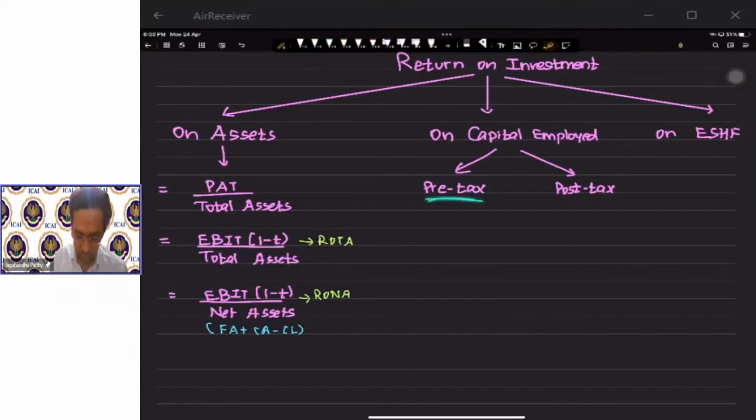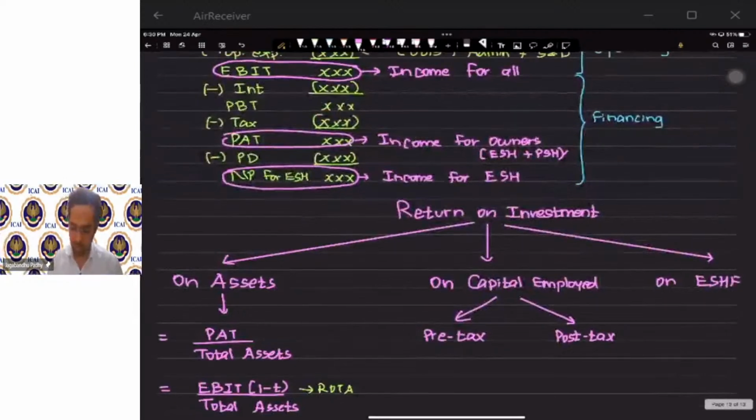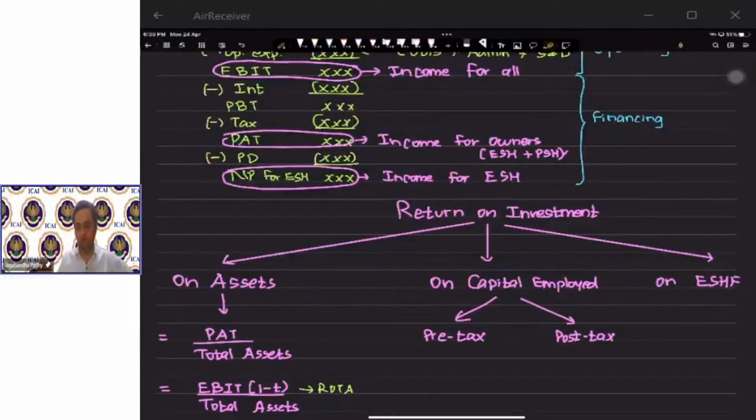First, let's talk of the pre-tax return. Capital employed means all the fund providers, which is basically equity shareholders' funds plus preference shareholders' funds plus debt funds or borrowed funds. When you combine all three of them, that's your total capital employed.